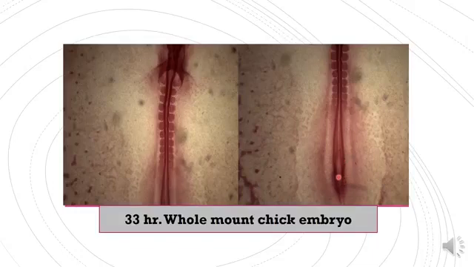Primitive streak, anteriorly a primitive pit surrounded by the primitive knot, and this is the somite, and these are the two horns of the sinus venosus, and this is the heart tube.